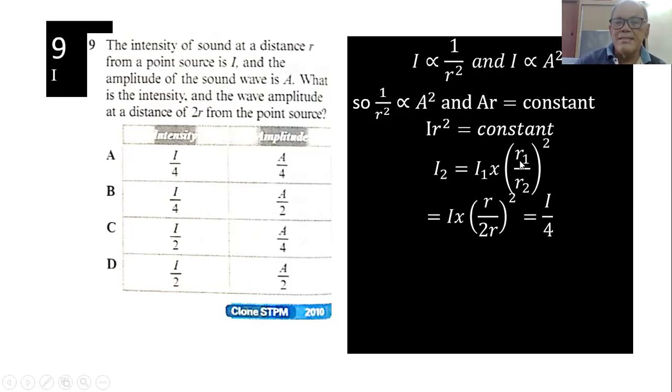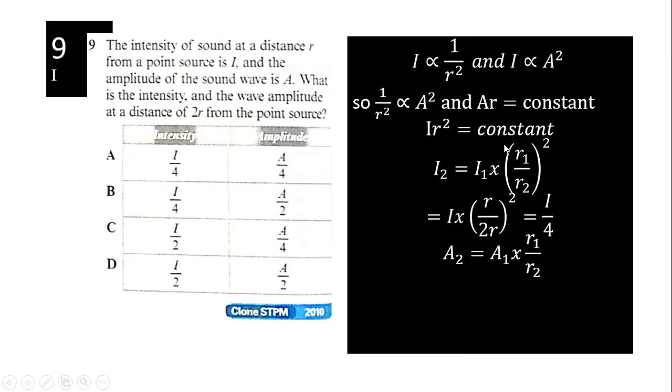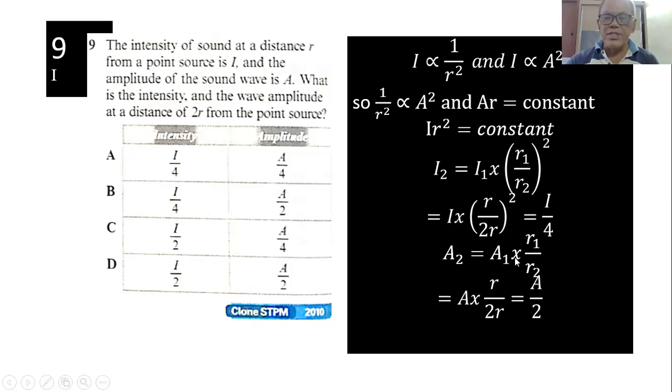Initial one is R. You change the new one to 2R, and the whole thing squared. Initial one is I, so it's I over 4. Then amplitude, using this formula. I take my R2 across there and put in your values. Initially amplitude is A with R. Now it's 2R, so A over 2. So the answer is B. Okay.